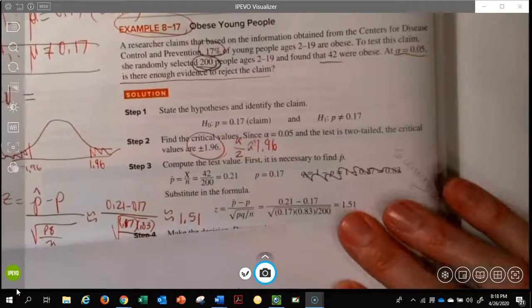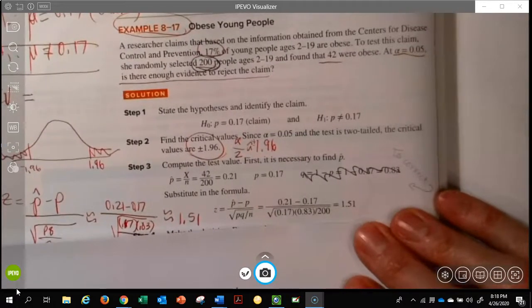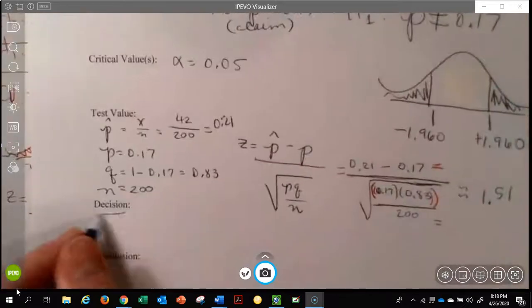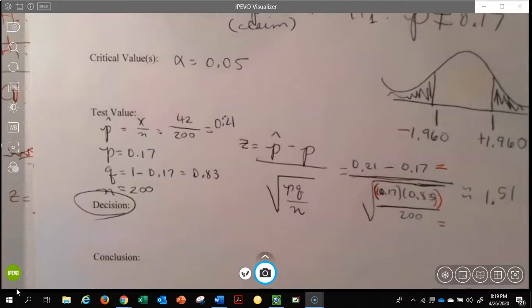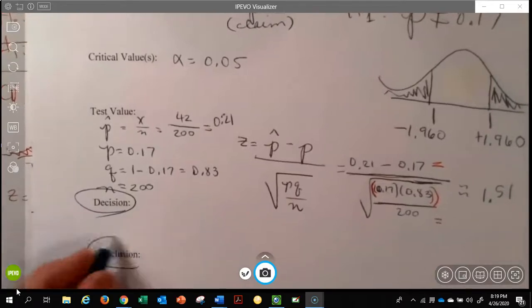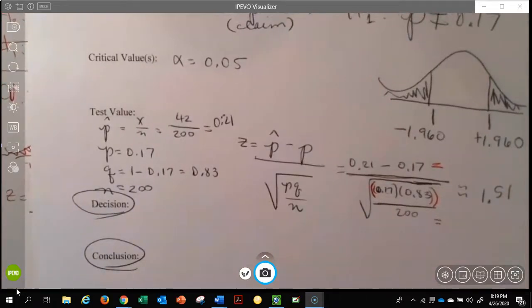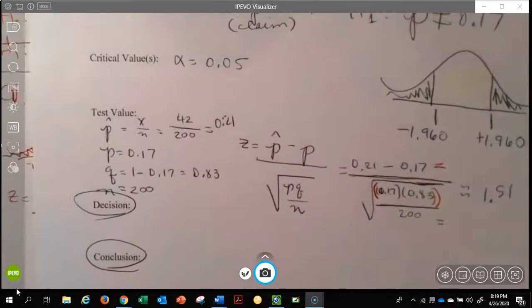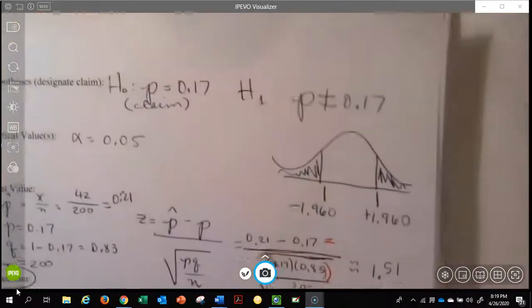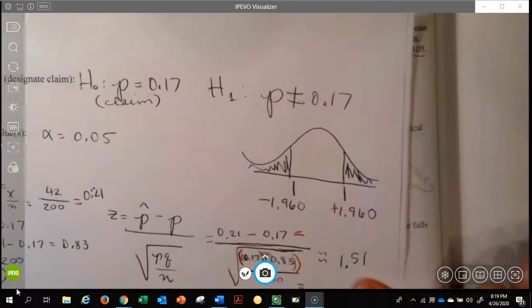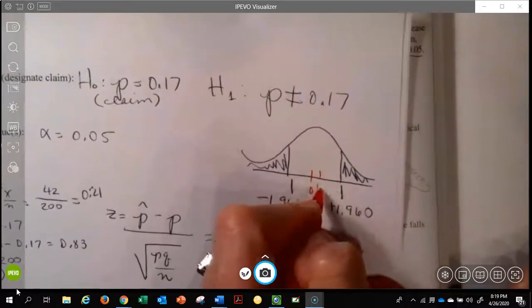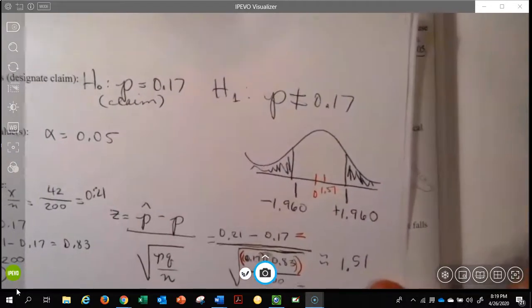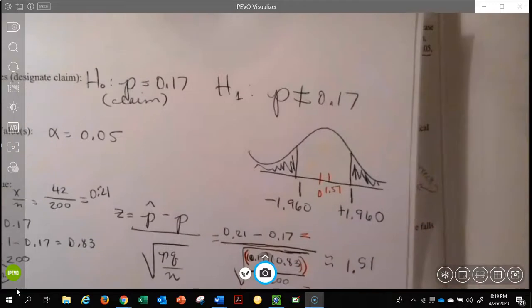And when you're punching very well and you're comfortable to move on, then we get down to we need to make a decision. Are we in the no man's land, or are we okay? And then we can move on to that page and find out from our decision how we can write our conclusion. And so looking at our decision, we have our 1.51. And if this is 0, 1.51-ish is going to land somewhere in here-ish.